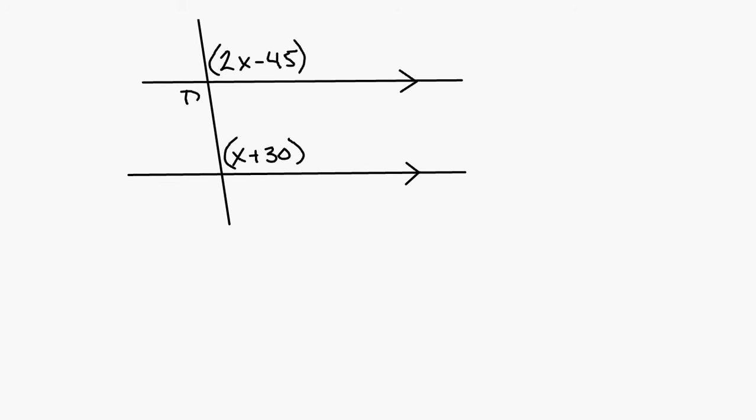And we got a D, E, and an F, and you're asked to find the measure of angle DEF. In order to find the measure of angle DEF, you would need to find the value of x.